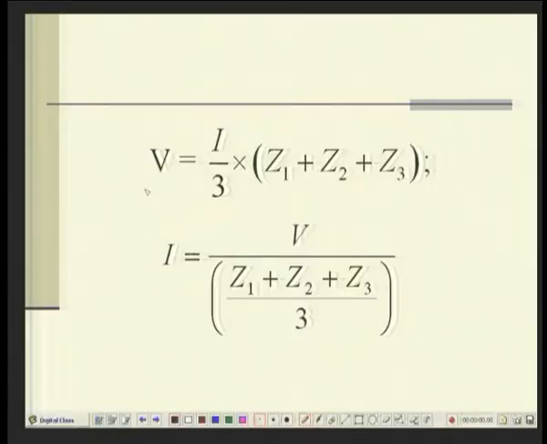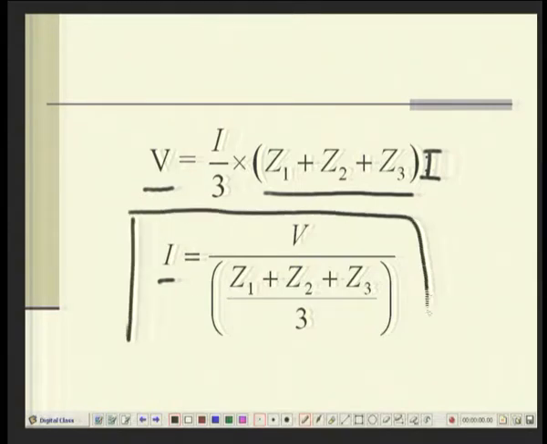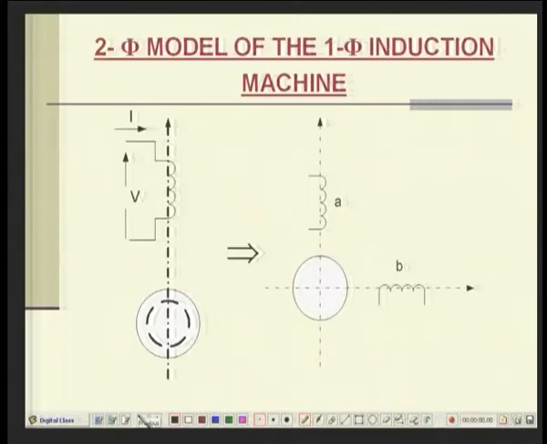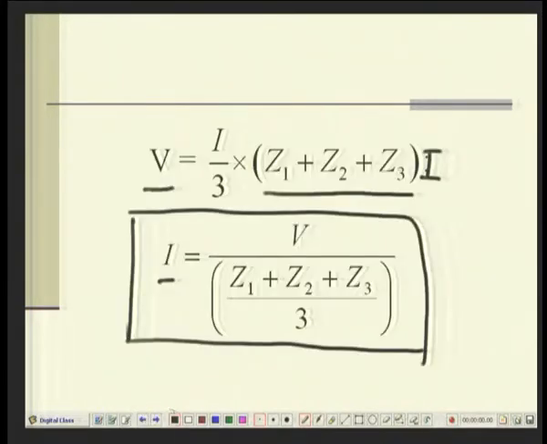Therefore, with this relation we wrote that V equal to 1/3 of Z1 plus Z2 plus Z0 into I. This is the relation we get if you use 3 phase symmetrical components with a single winding only. So, we have the relation I equal to V over Z1 plus Z2 plus Z0, right. So, this is the relation we easily obtain, right.